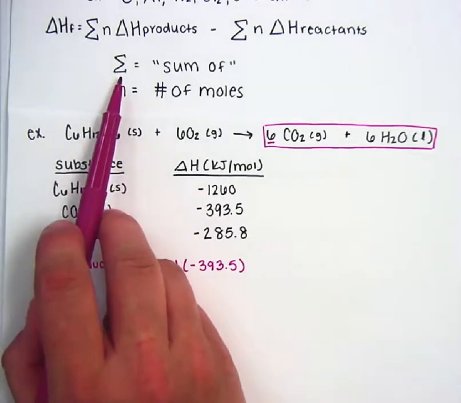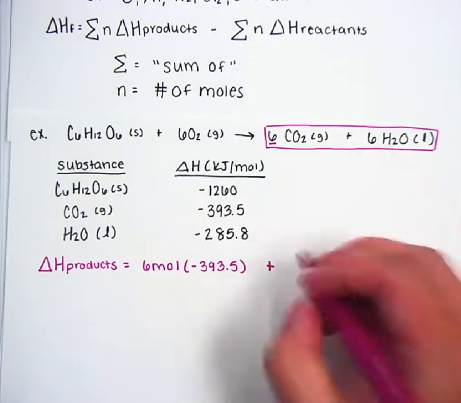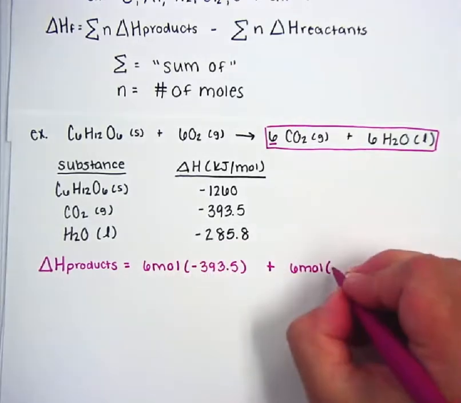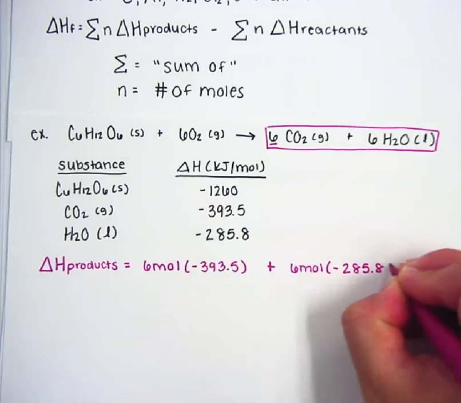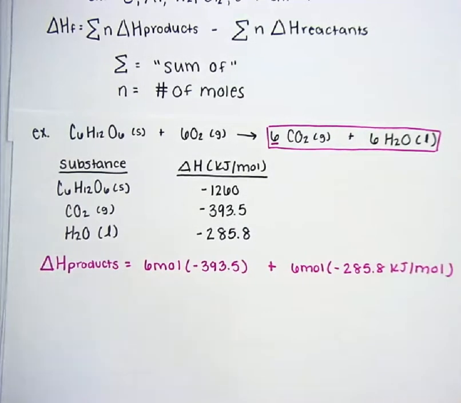Sigma means the sum of, so I'm going to add it. I have 6 moles of water. I'm going to plug in my delta H value for water, and solve.